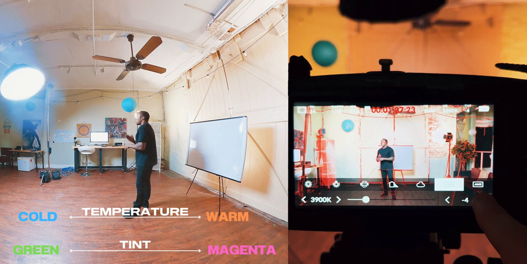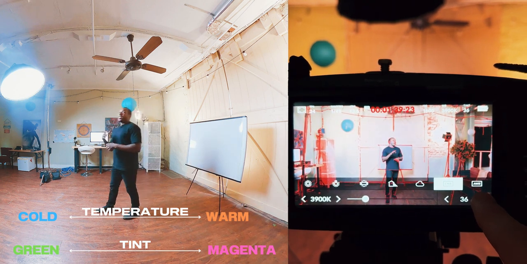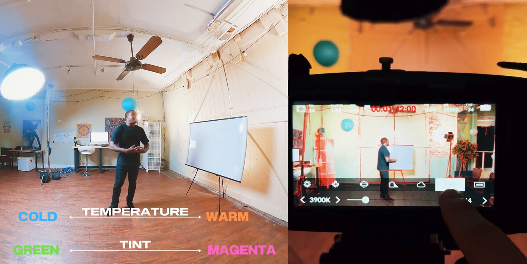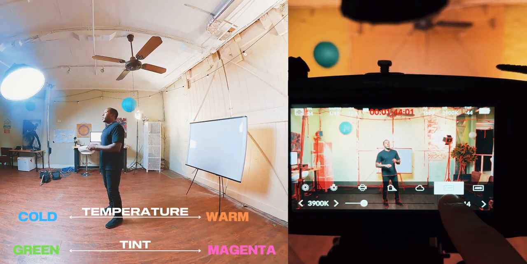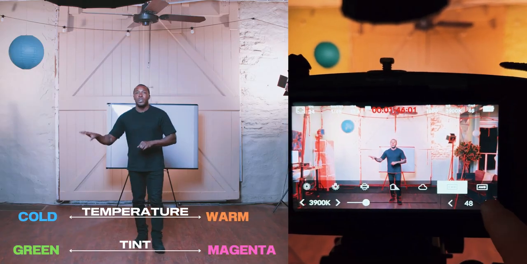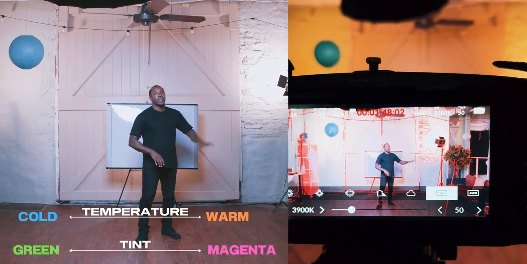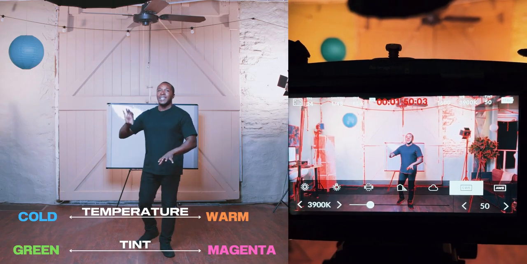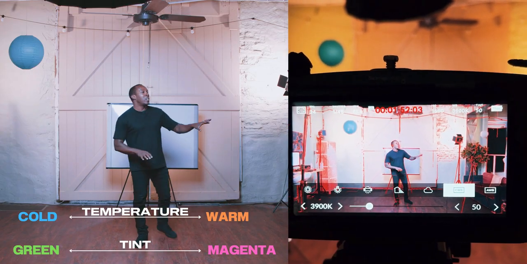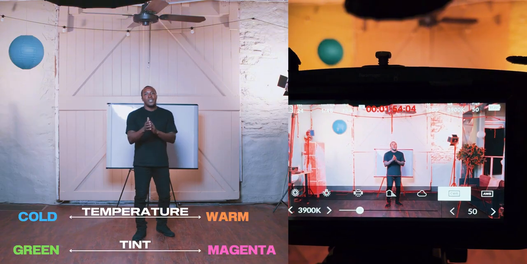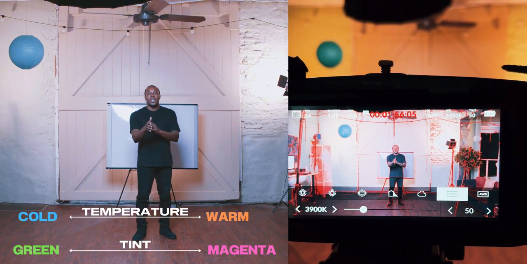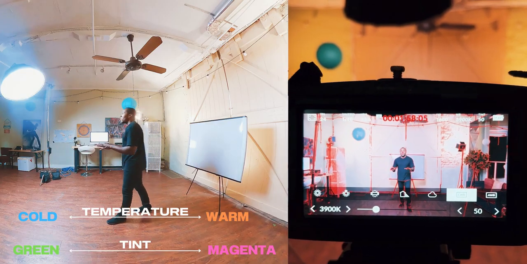The reason why I'm showing you guys this is to give you the visual understanding that somewhere in between these four points, the blue coolness, the warm orangish, the greenish tint, and the magenta tint, there is the white balance that you should dial into your camera based on the lights and the settings you have around you.